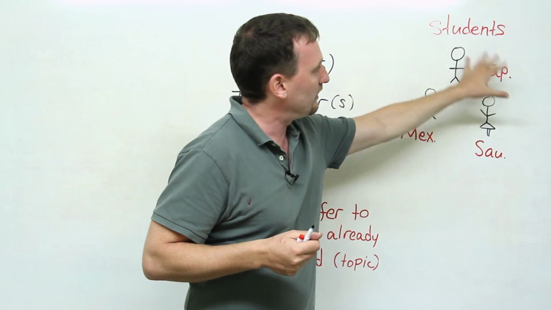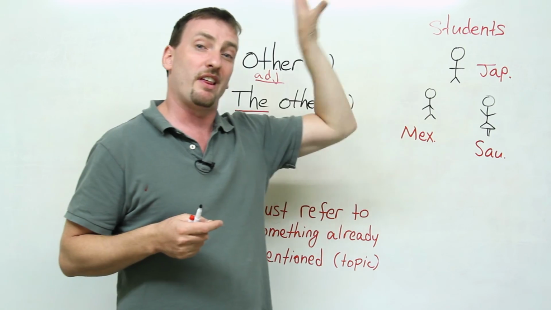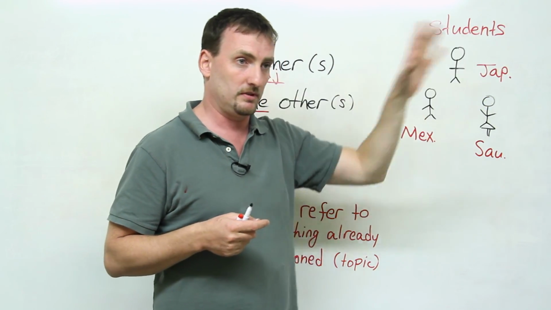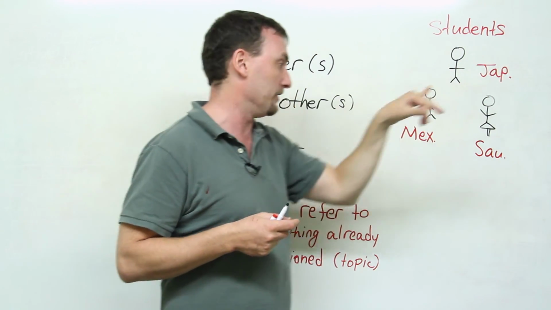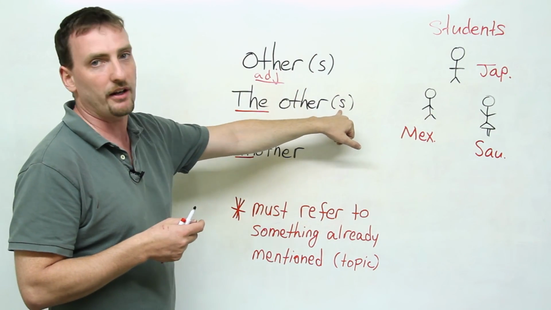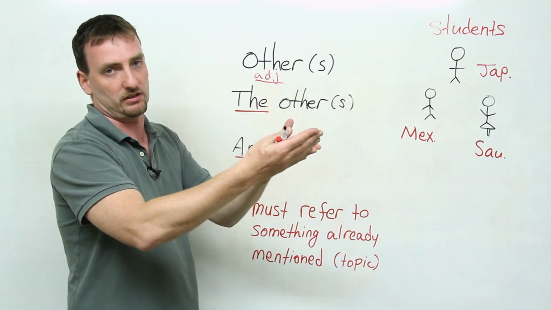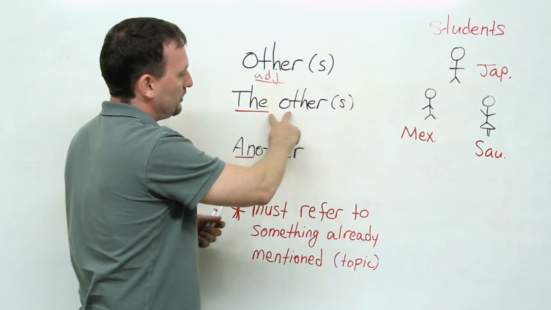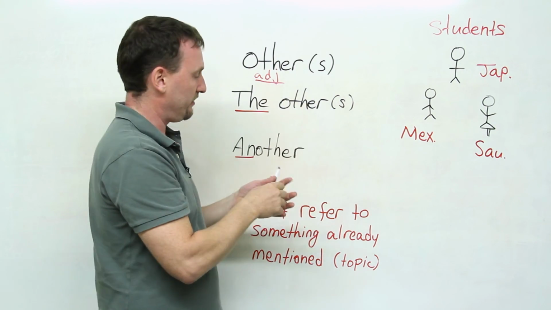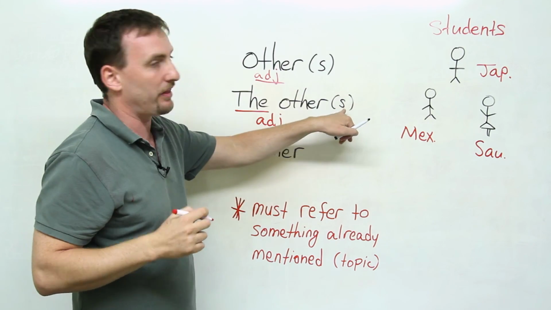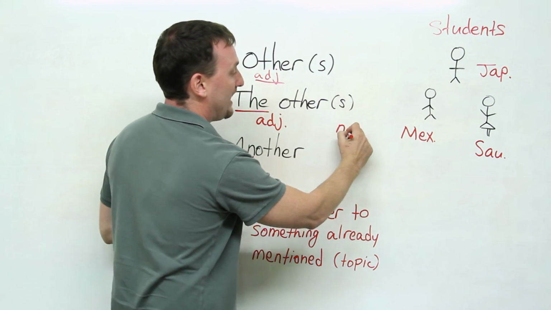So I have my students, there are other students in other classes. The others, now I'm talking specifically about those students. So now I'm talking about the others. The others means the other students. Here I used the other as an adjective. And I used the others as a noun.